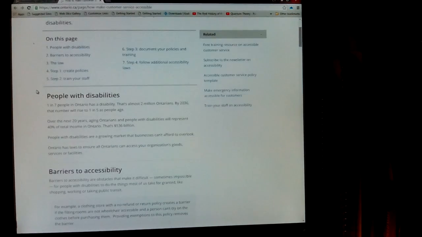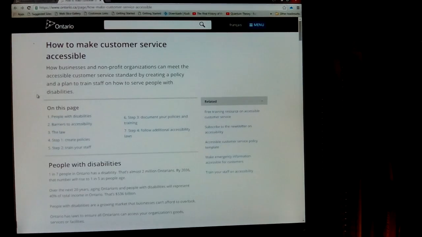Let's see what it says for barriers. No, actually, I'm going to read this one because this is a general page about how they claim that they're doing it. Okay, and this is the government of Ontario I'm talking about. Legal aid, which is the government of Ontario. Everything that is meant to support and provide these legal services. How to make customer service accessible.